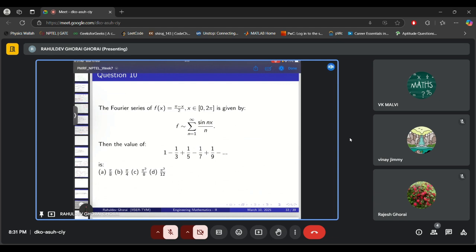This function is (pi minus x)/2 in 0 to 2 pi. At 0 it is pi by 2, at 2 pi it is minus pi by 2, and at pi it will be 0, right? Nice function, so pointwise convergence won't be a problem.